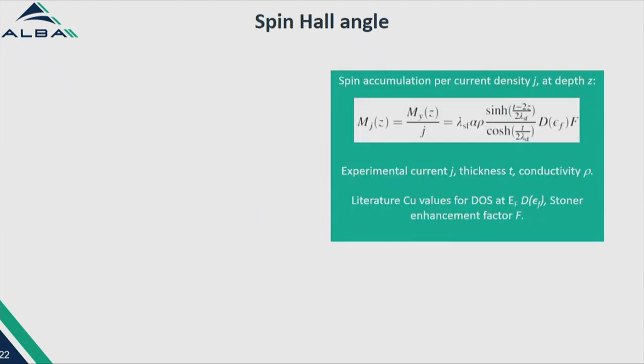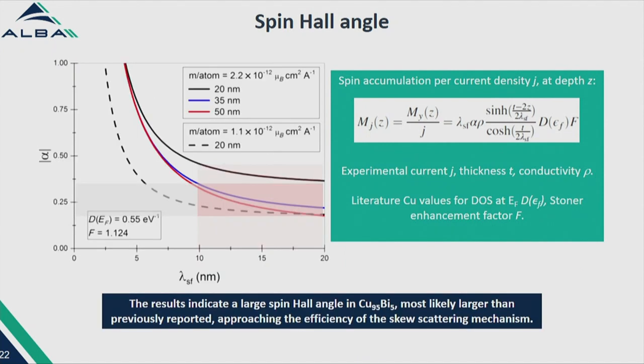We didn't independently determine the spin diffusion length, so I cannot give you a number for the spin Hall angle, but I can give you curves that couple the spin diffusion length and the spin Hall angle.